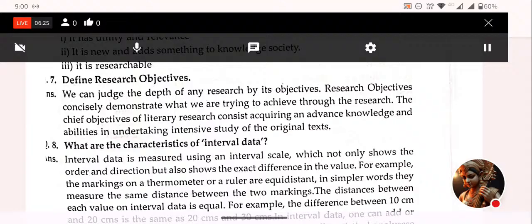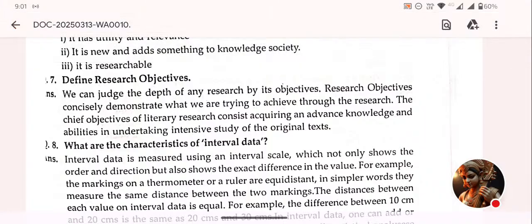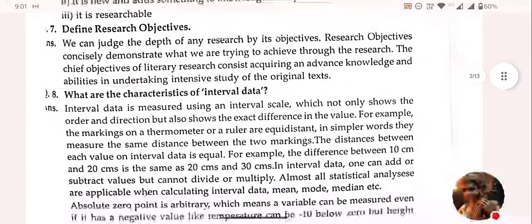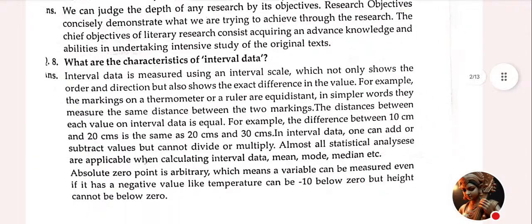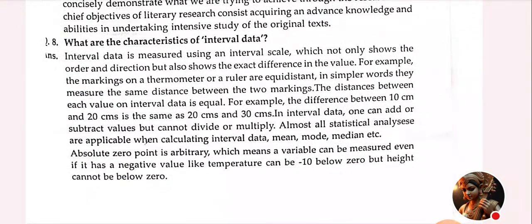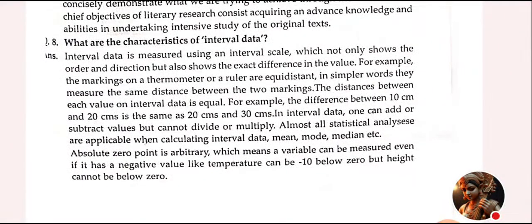The chief objective of literary research consists of acquiring advanced knowledge and abilities in undertaking intensive study of the original text.